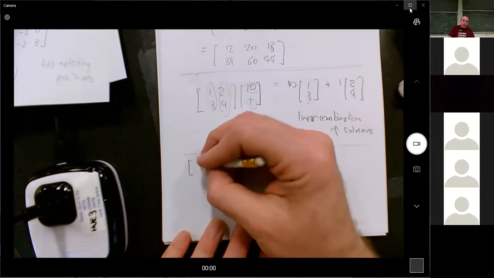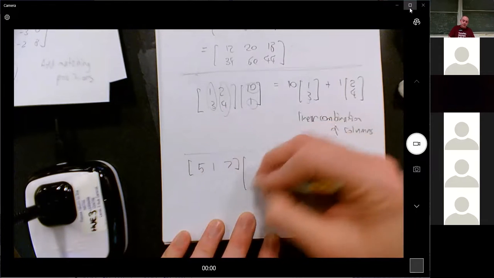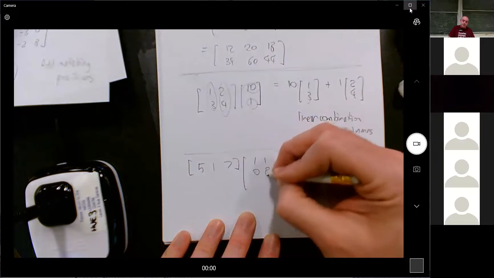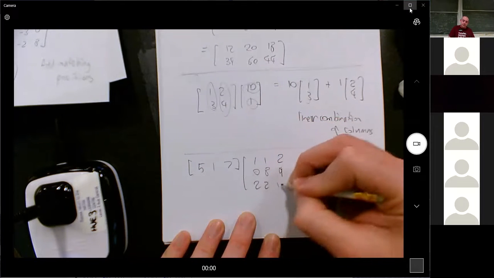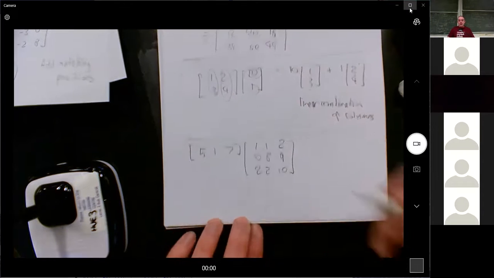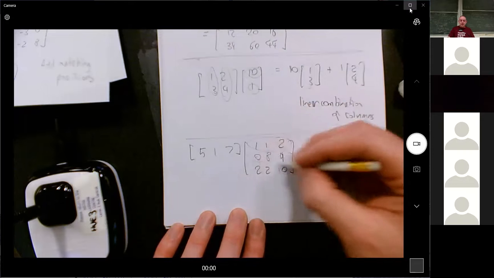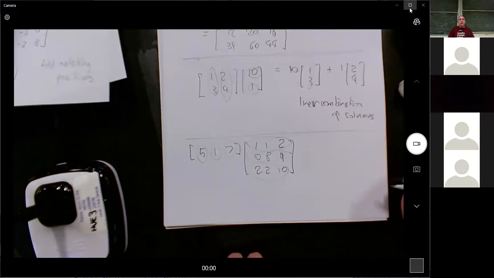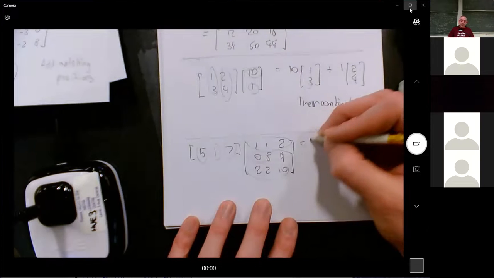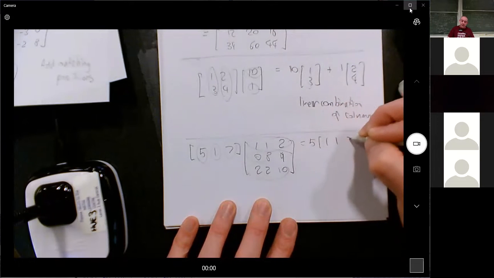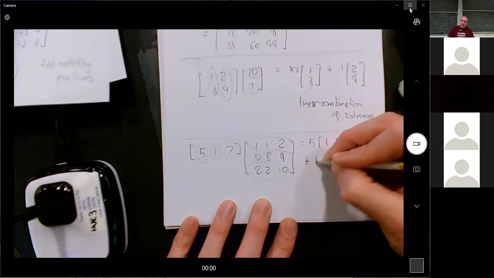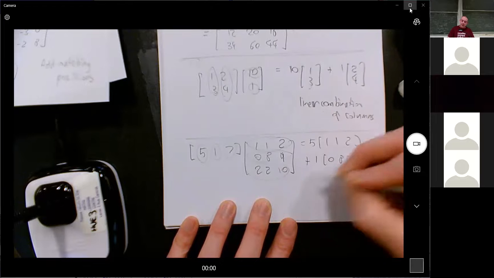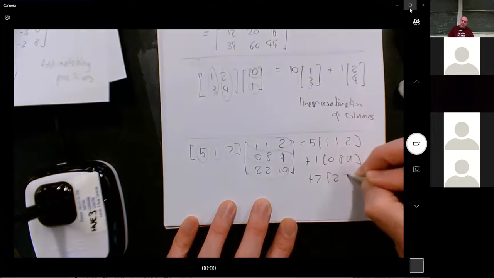If you have a row, then you can think of this as rows as well, and have this of the first row, and this of the second row, and this of the third row. So it'll be 5 of 1, 1, 2, plus 1 of 0, 8, 9, plus 7 of 2, 2, 10.